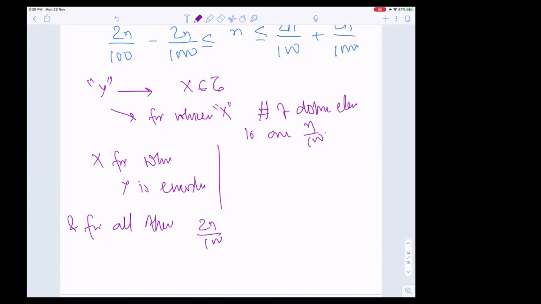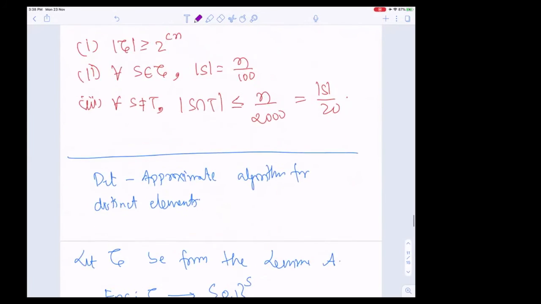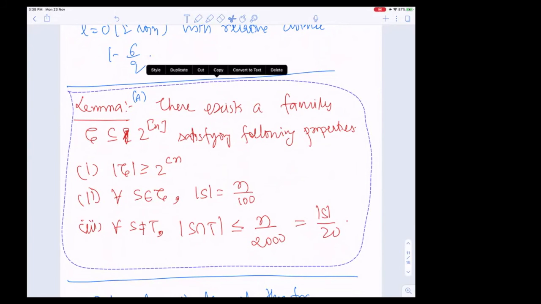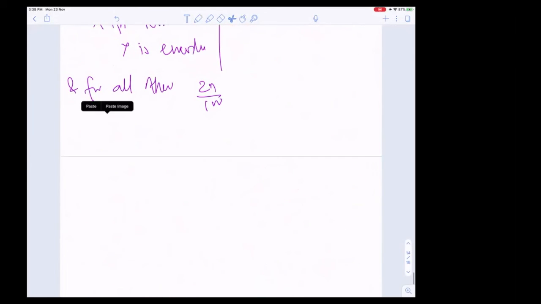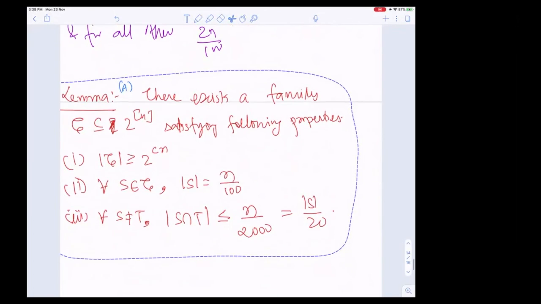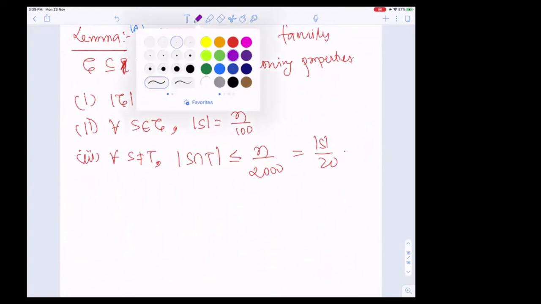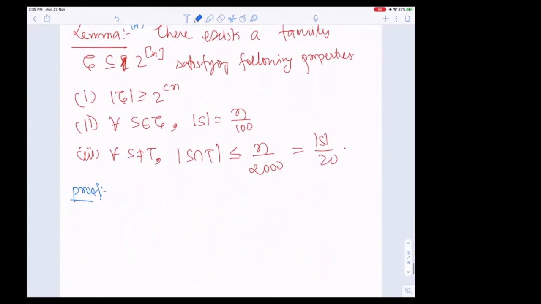Okay, so now let's try to prove this combinatorial lemma. The proof is very simple, not very hi-fi. First I'm going to say that 100 divides n.